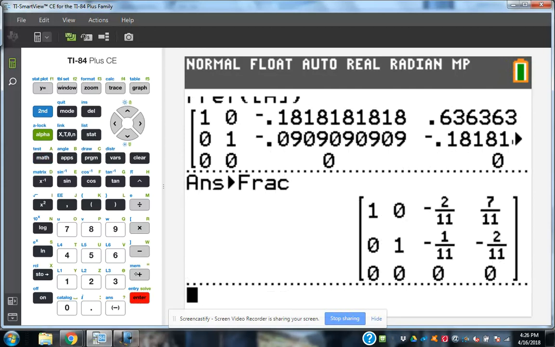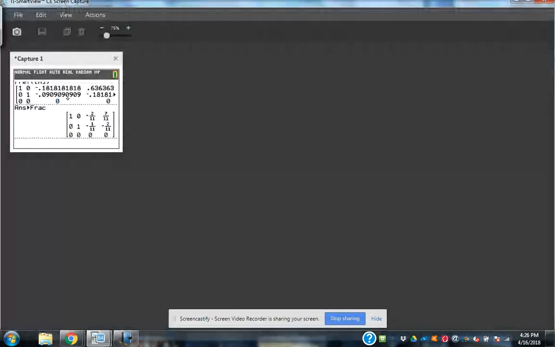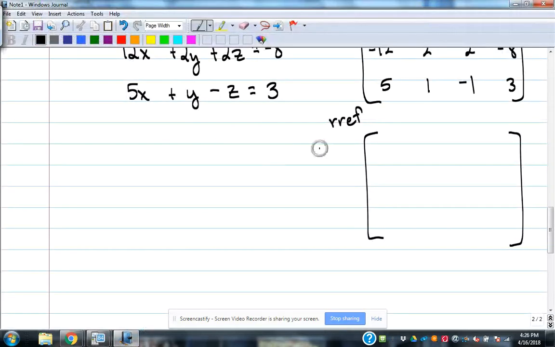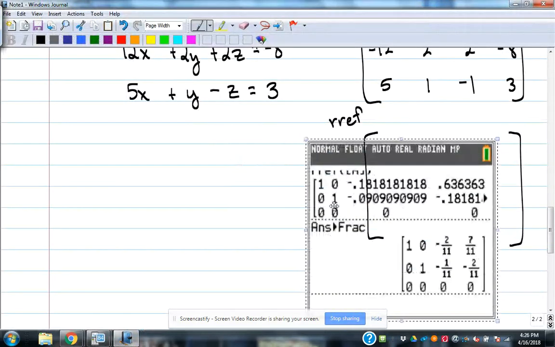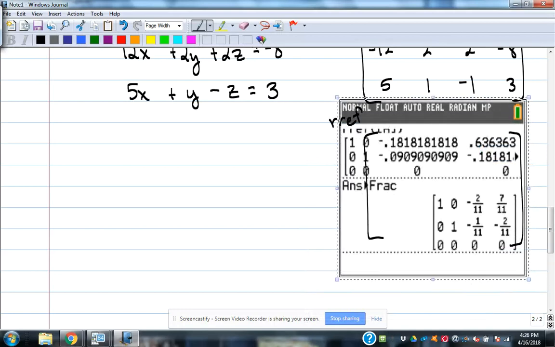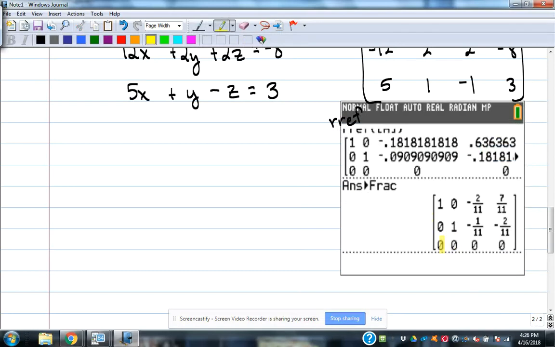That's a little better, but I notice kind of an anomaly there. I've got that bottom row. I'm going to copy that to my notes as I can instead of rewriting it. Notice that bottom row. That bottom row is all zeros. The bottom row tells you what's going on.